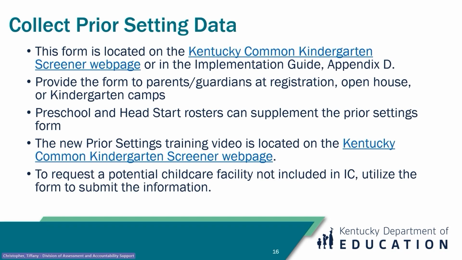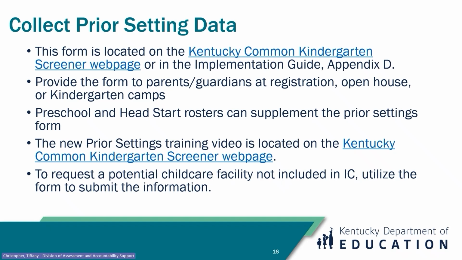Now, let's take a look at collecting prior settings data. This is something schools should be doing now or in the spring, but regardless, it should be on your radar. If not, make sure to collect prior settings data during kindergarten kickoff events such as open houses and back-to-school events.